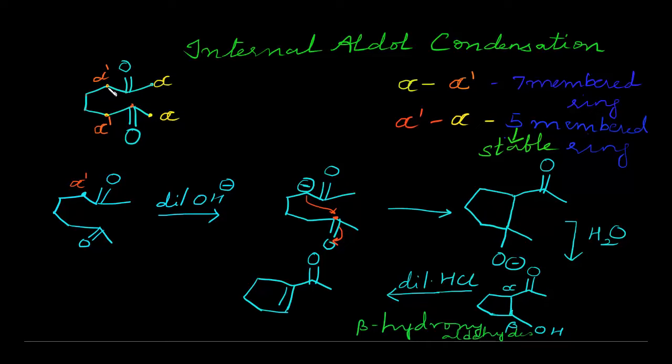You have to select the set where the carbanion generated would lead to the formation of a 5-membered or a 6-membered ring. These are more stable compared to a 7-membered or 3-membered ring. Let us look at a few examples to understand this.